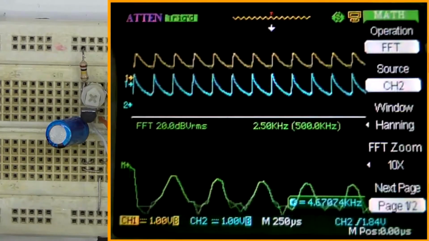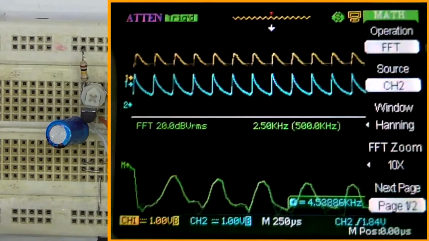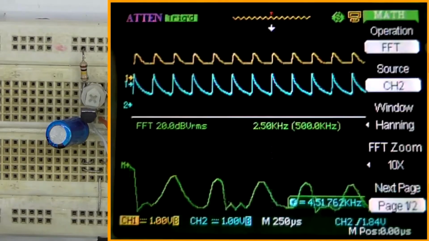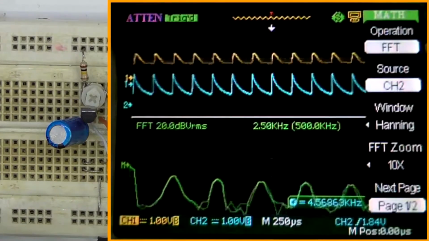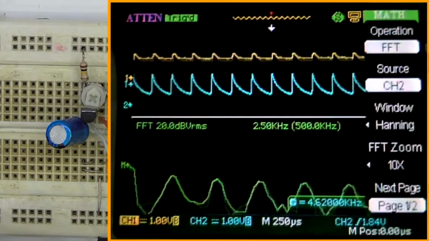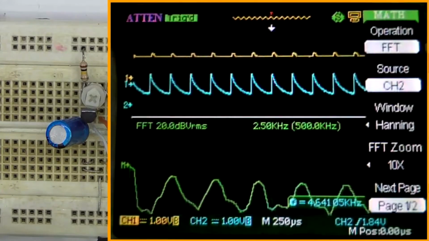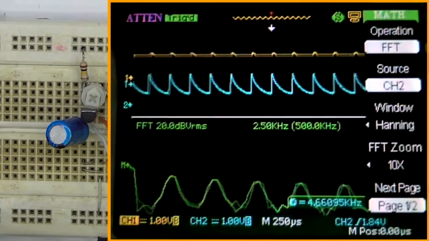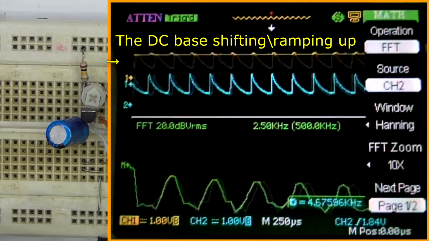On the oscilloscope I've got my FFT mode up, and the top trace has a copy of the audio frequency at its base, which is shrinking and growing.